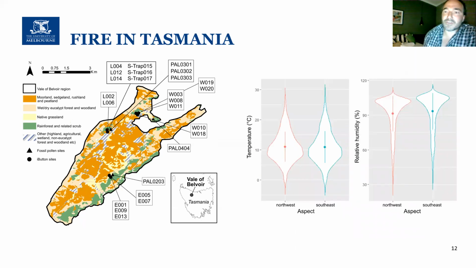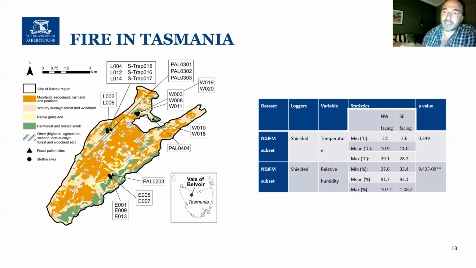And it turns out, whilst subtle, there's not much temperature difference across either side of the vale, but there's a significant difference in humidity, and this is through a t-test with the p-values. You can see that it is significantly drier on the northwest facing side relative to the southeast facing side.